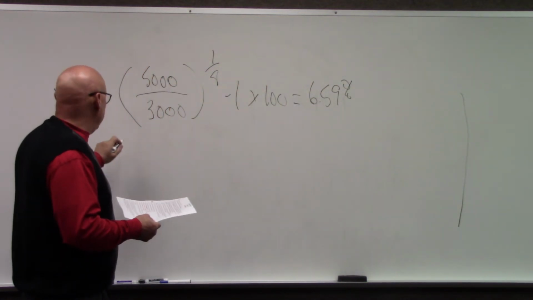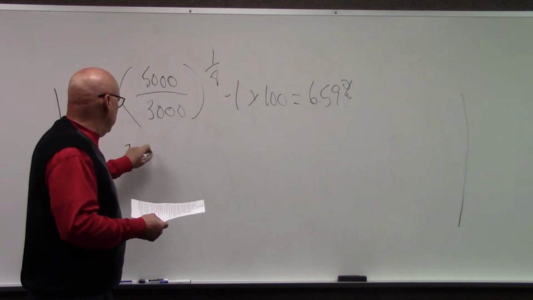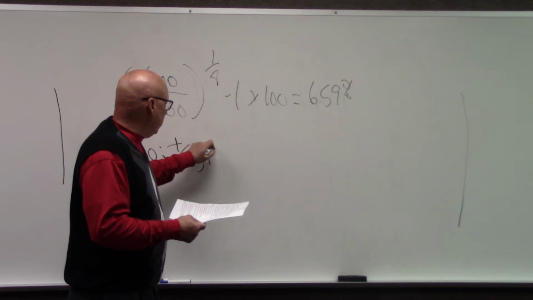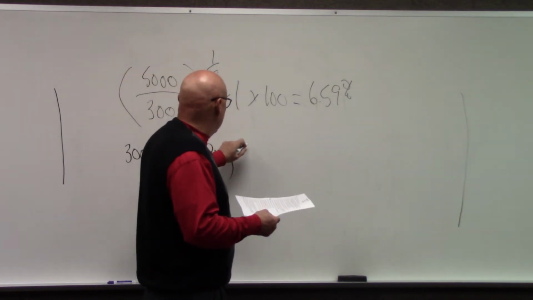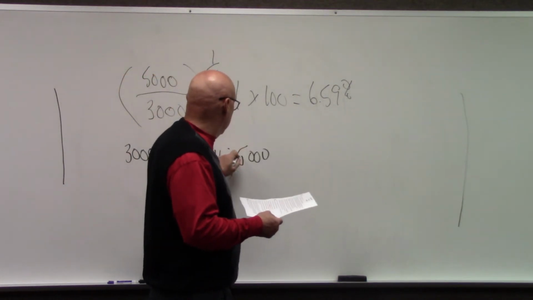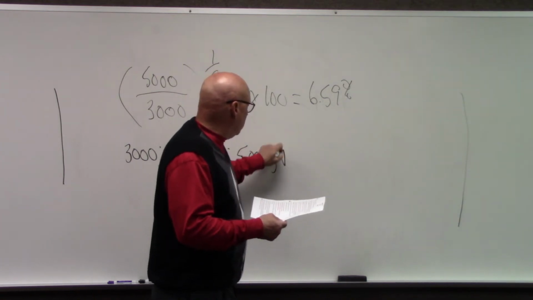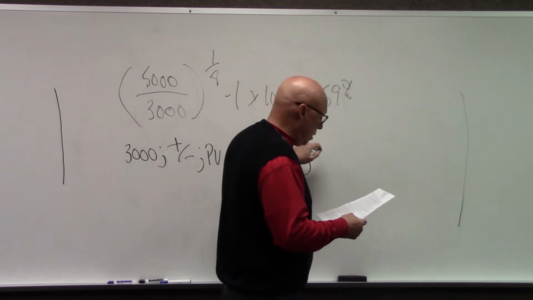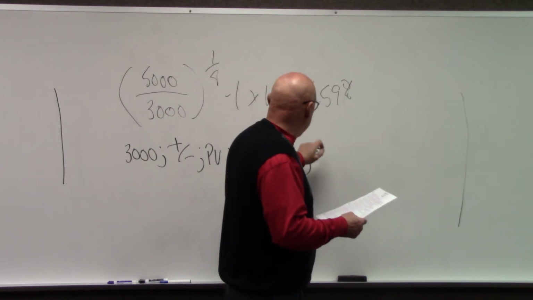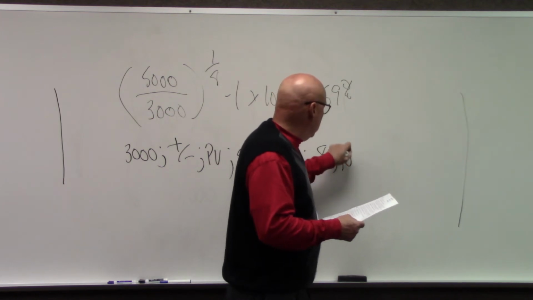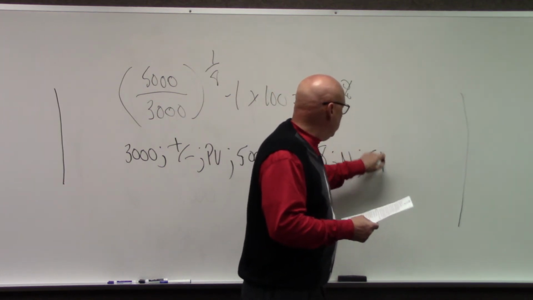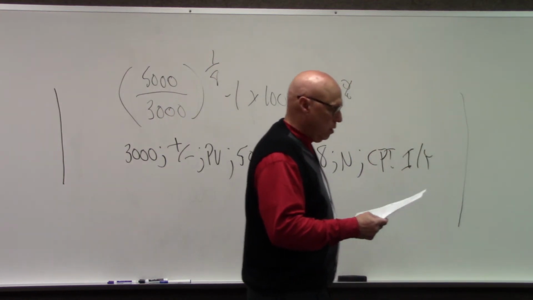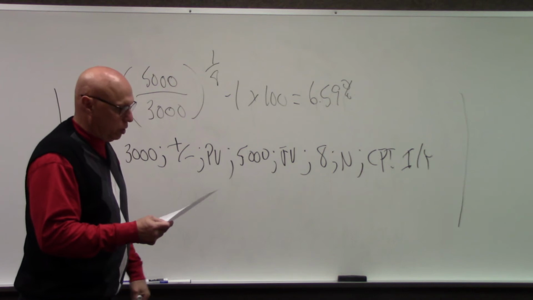Using the financial keys, 3,000 plus minus is your present value, 5,000 is your future value, 8 is your N, compute IY, and you'll get 6.59%.